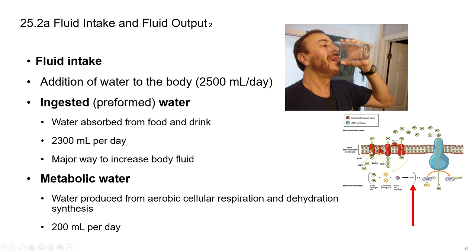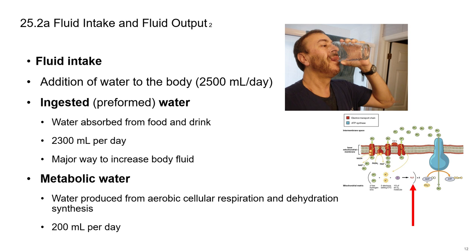This row of proteins here is moving electrons and shuttling hydrogen ions to one side of the membrane and making ATP. A byproduct of this is right here, water molecules, right? And when you breathe out, when you exhale, some of what you're exhaling is water vapor. So there's some amount of water that is made naturally in your body, but not the majority. So that's fluid intake.